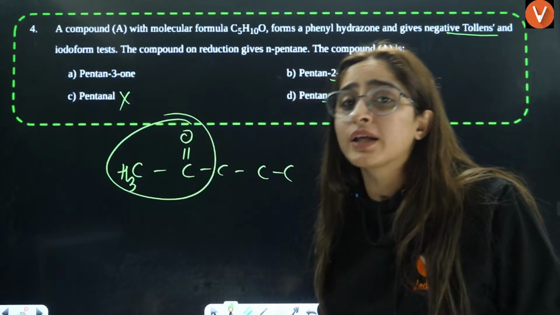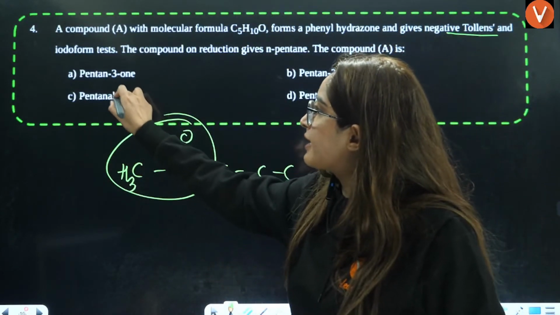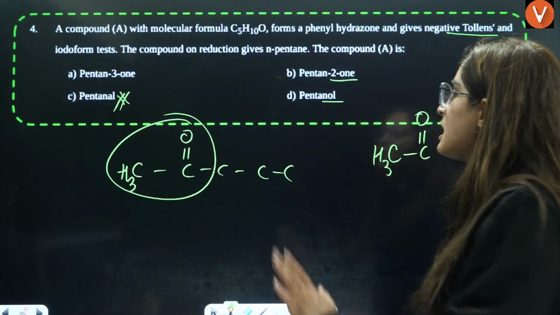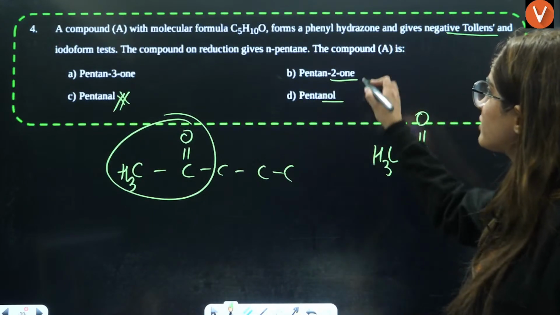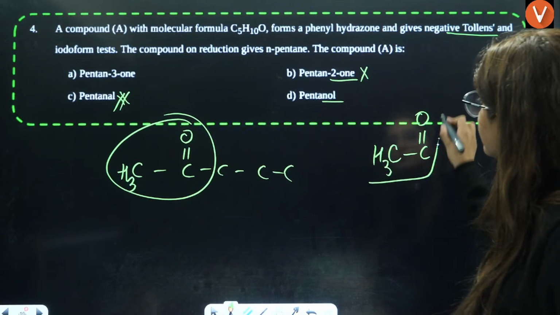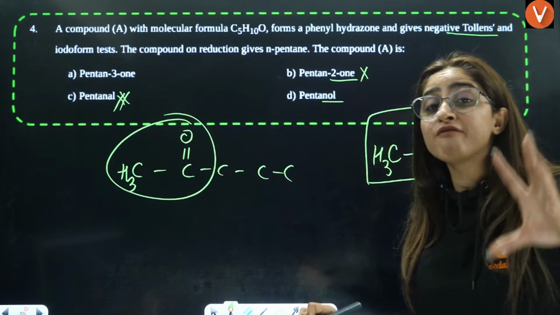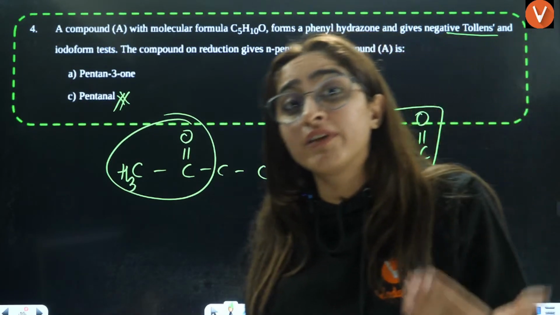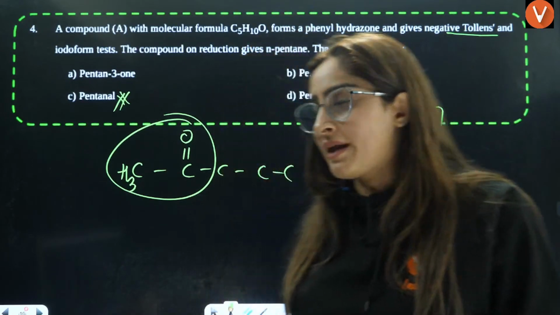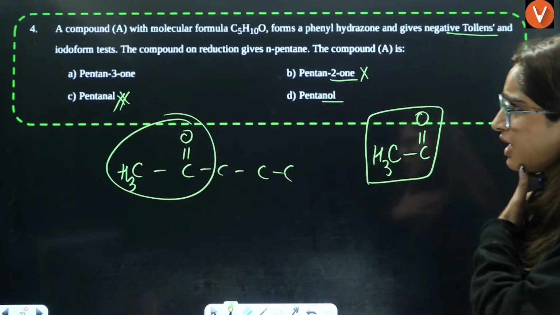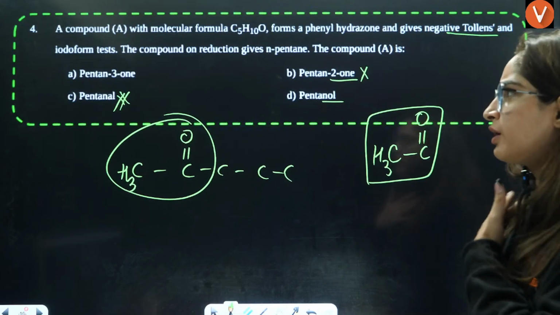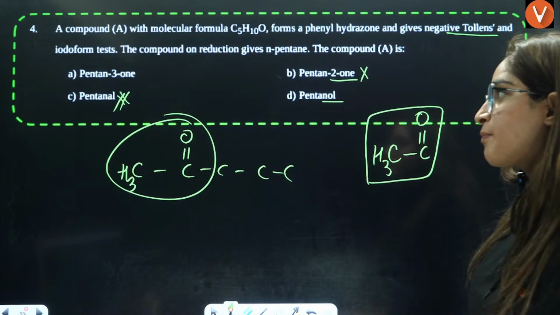Aldehyde will definitely give the Tollens test. That's why aldehyde cannot be A. Let us talk about pentan-2-one. This is also not possible because of CH3, C double bond O. If you have a methyl ketone, that will definitely give a positive iodoform test. Next you have pentan-3-one. Pentan-3-one is still possible.